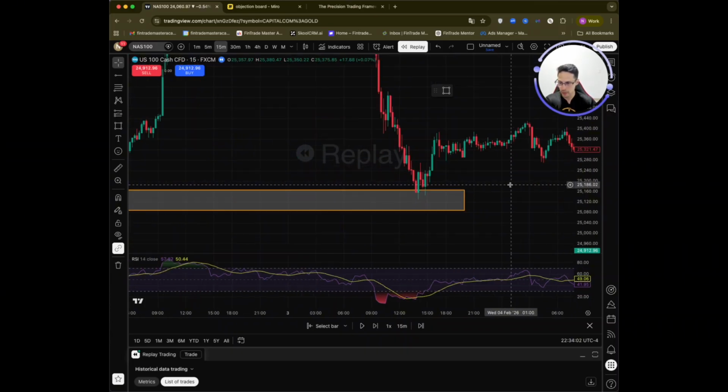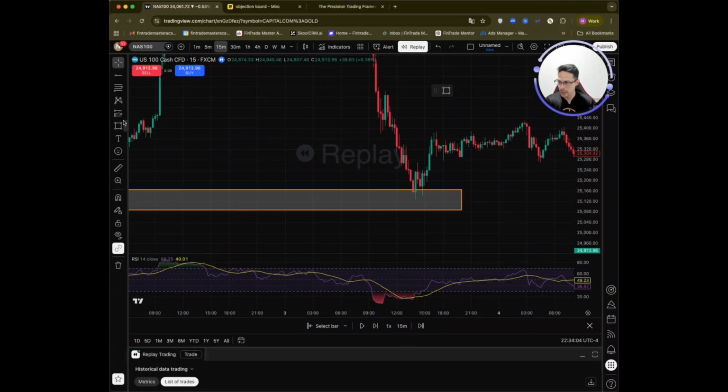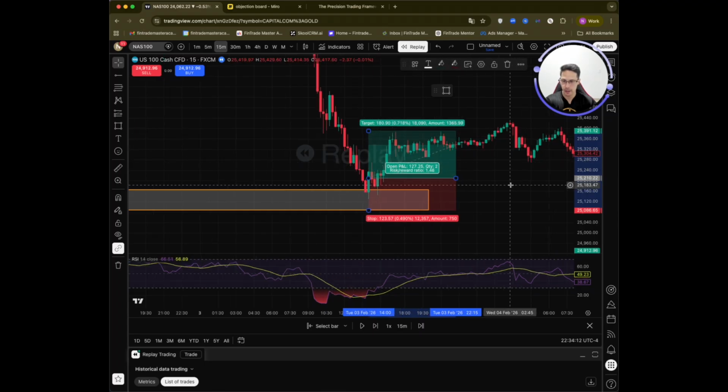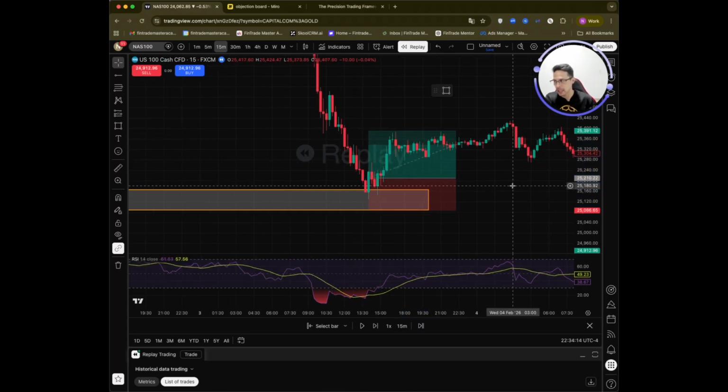Now, if you do this correctly, this could be an easy 1 to 1.5. So if you risk 2%, you should be making about 2.5%. And again, that's 20% returns per month and 81% win rate, right?